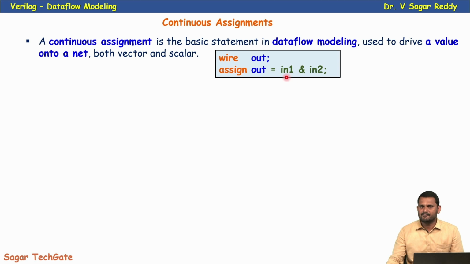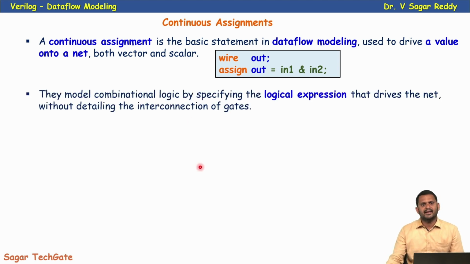Whenever in1 or in2 changes, the expression is evaluated and assigned to out. What should out be? Since the continuous assignment statement is used to drive a value onto a net, the output should be of net type only, whether vector or scalar.